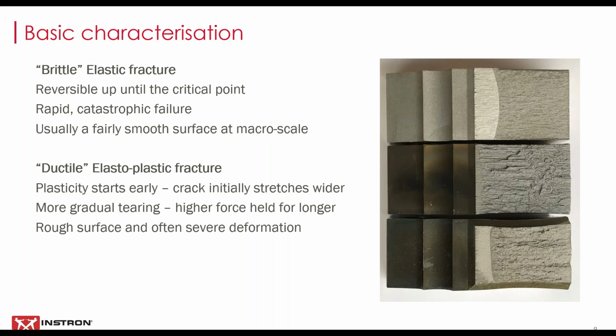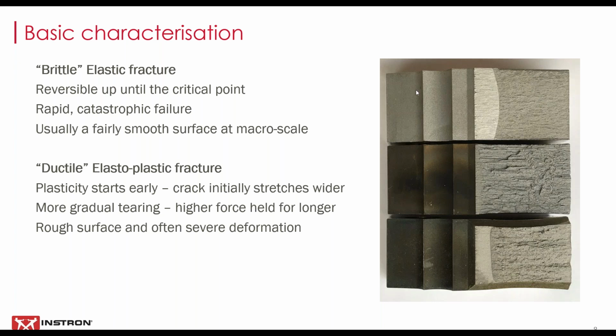But different materials do behave a bit differently, so we need to characterize that failure in different ways. And while it's a great simplification, all the theory around this splits into two groups. One is what we term brittle, or linear elastic fracture, and that would probably correspond to a lot of the high strength aluminiums.